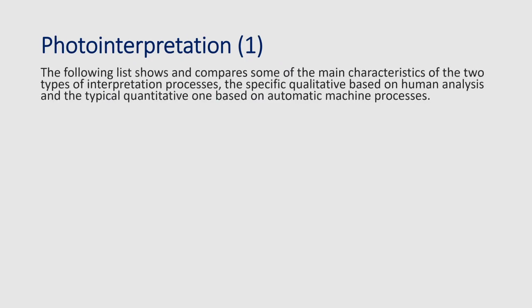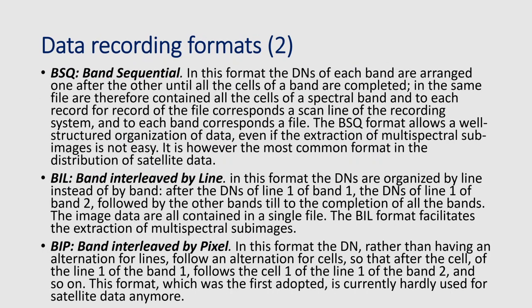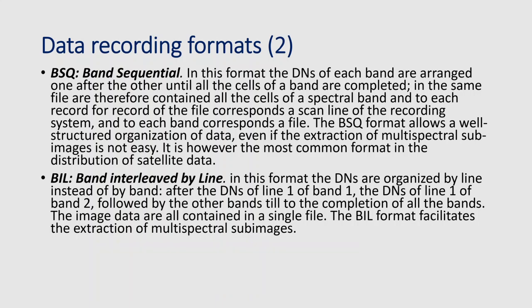Let's go back. The second format is what is called BIL, that stands for band interleaved by line. In this format, the digital numbers are organized by line instead of by band.